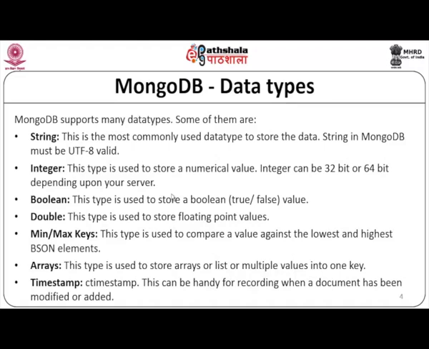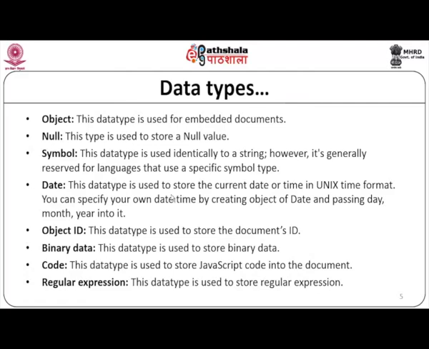You have a special data type called timestamp. This can be handy for recording when a document has been modified or deleted. Then we have a data type for representing embedded documents called objects. MongoDB also supports the null data type and can hold null values.